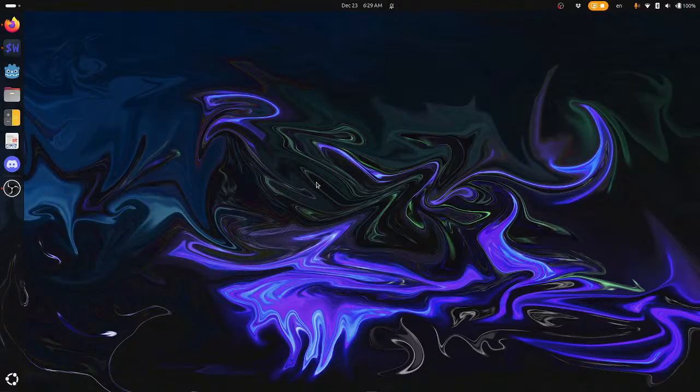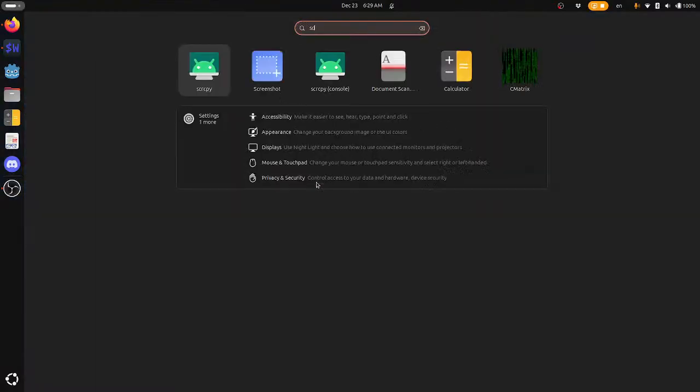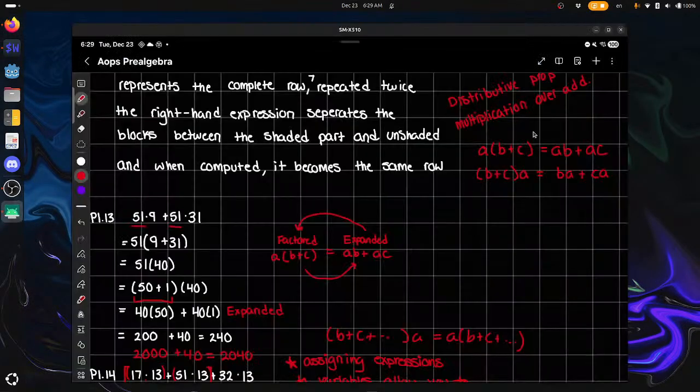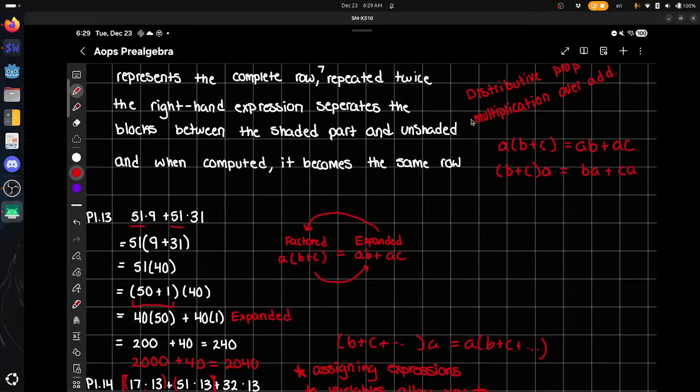Just wish this thing would work immediately. Okay. What do I need to do? There it is. I don't know why that takes so long, but anyways.